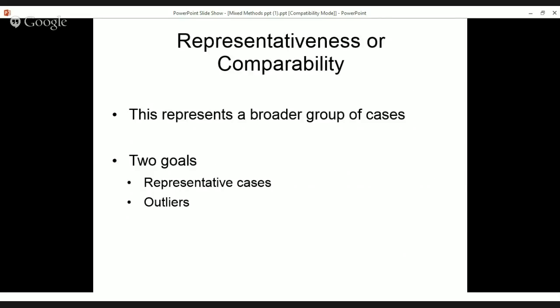Sampling to achieve representativeness or comparability is used when the researcher wants to select a purposive sample that represents a broader group of cases as closely as possible, or set up comparisons among different types of cases. This involves 2 goals: sampling to find instances that are representative of a particular type of case, and sampling to achieve comparability across different types of cases, like looking at outliers.